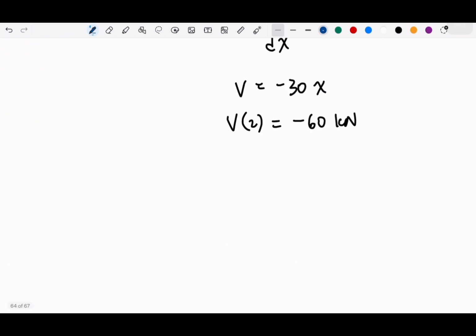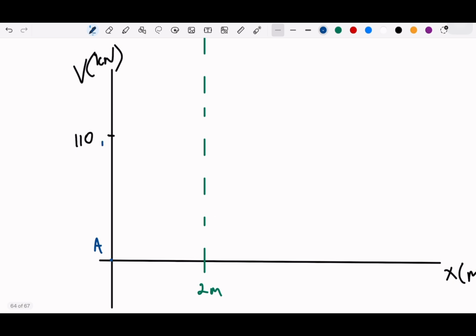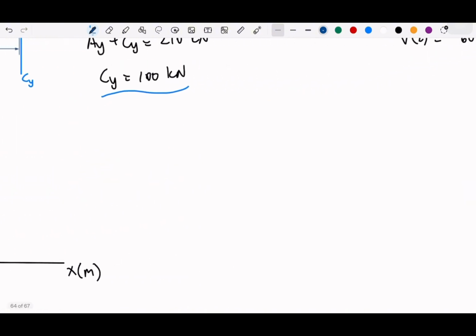Minus 60. So we move 60 going here. So 110 minus 60 is 50. So we have 50 kilonewton here. Let's say this is our V at B.